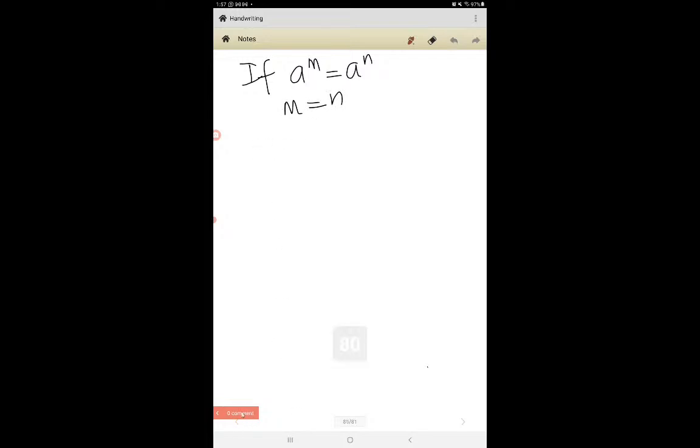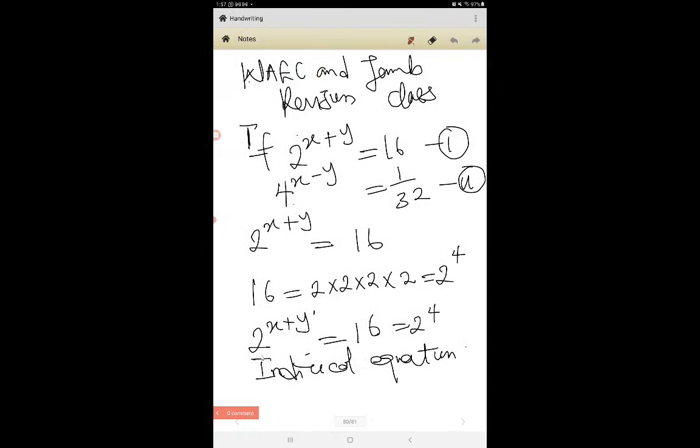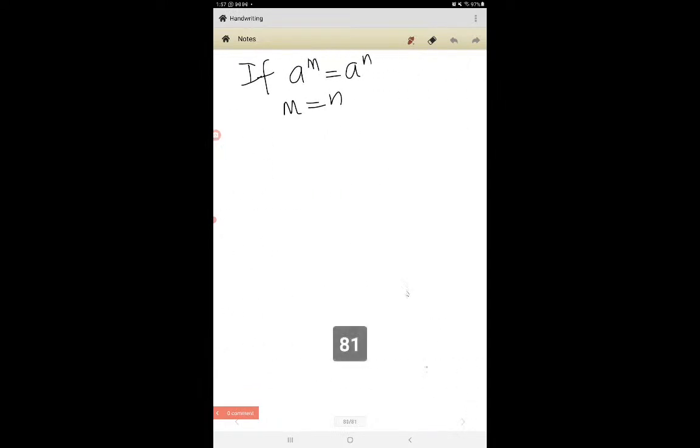So the same is applicable to 2 raised to power x plus y is equal to 2 raised to power 4.